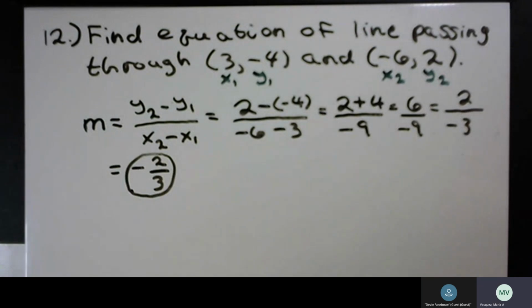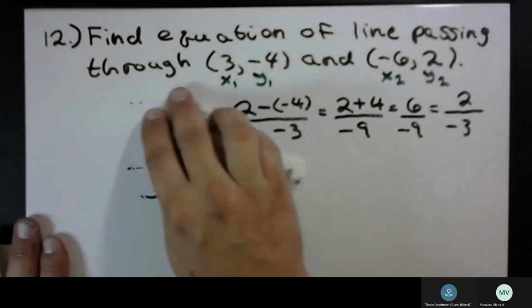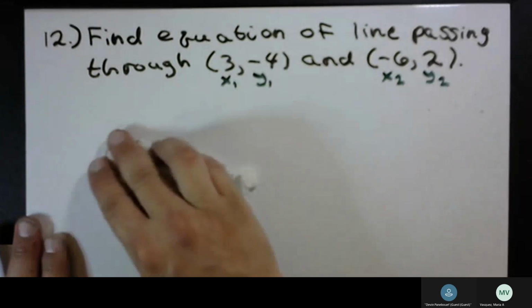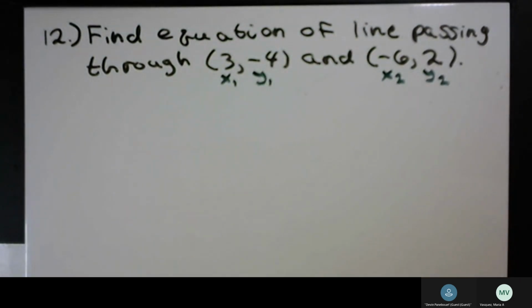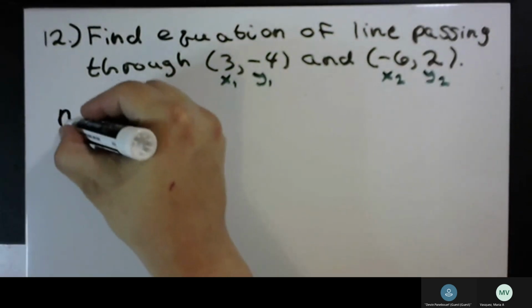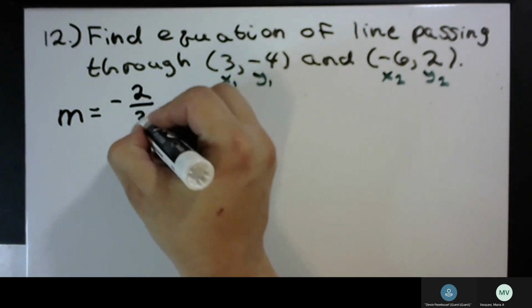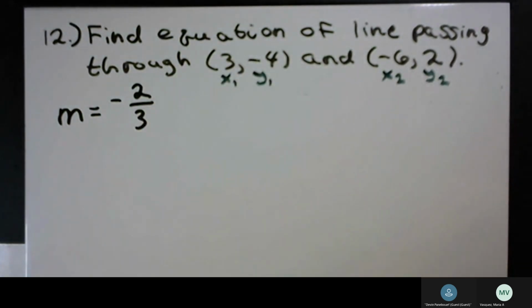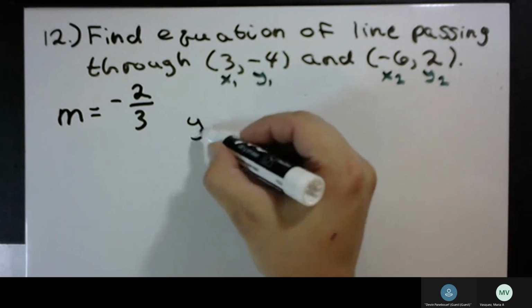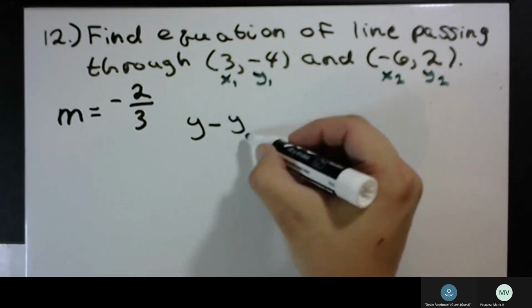Now we're not done with this one yet. We've got the slope. The slope's -2/3. But we need to find the equation. So to do that, we're going to use that point slope formula.